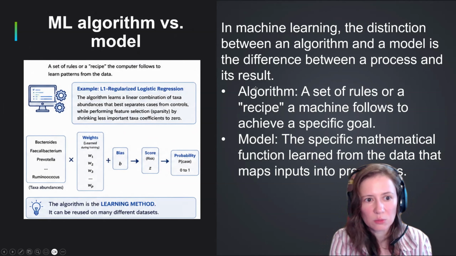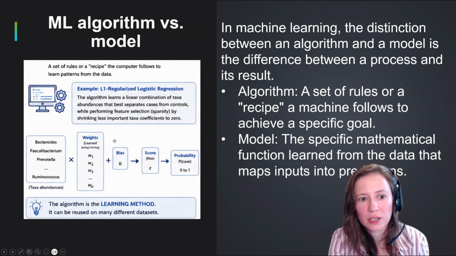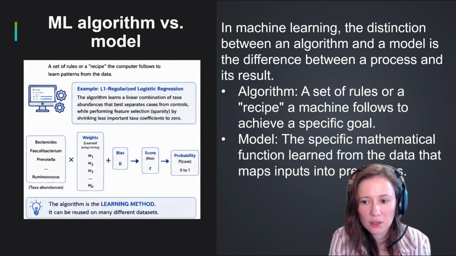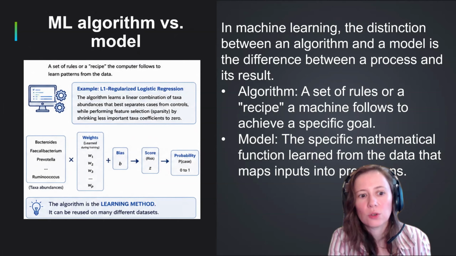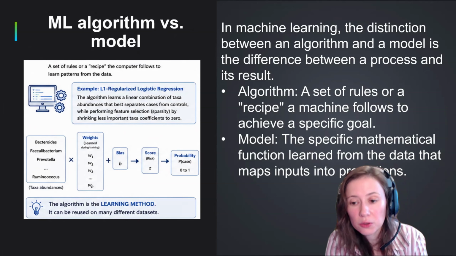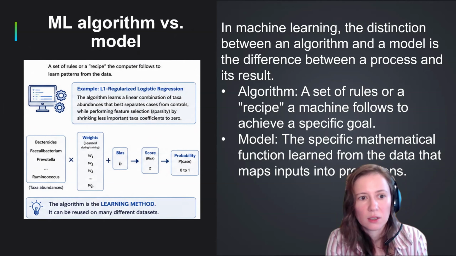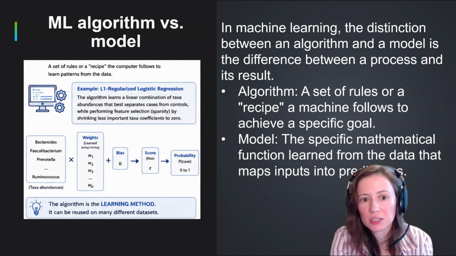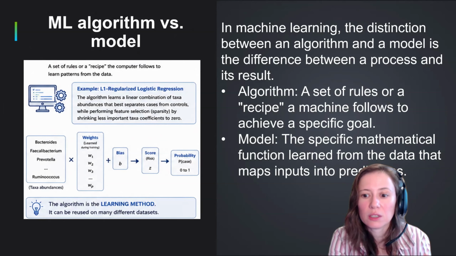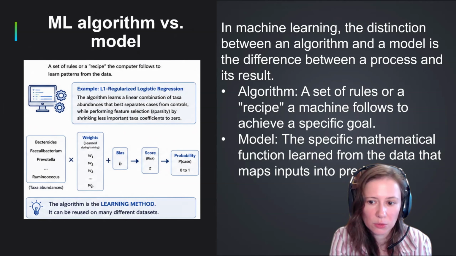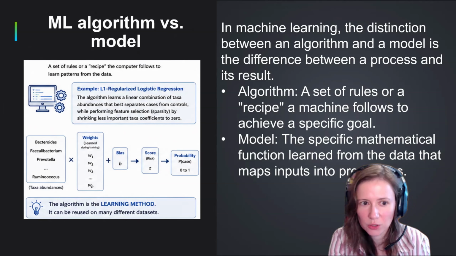So when you are implementing or developing a machine learning model, first you need a recipe, a set of steps, an algorithm to provide instructions to build your model, right? For example, linear regression is a methodology, is an algorithm to create a machine learning model, to create a linear regression model.